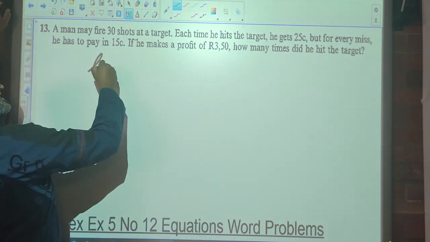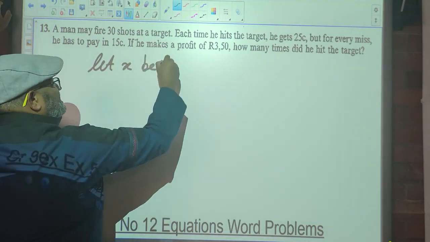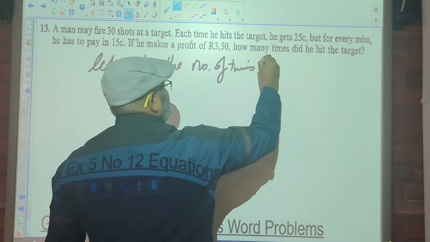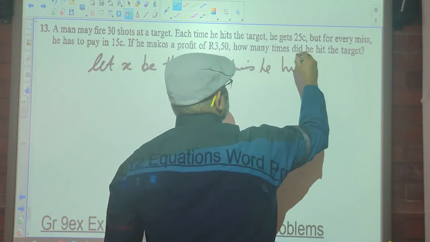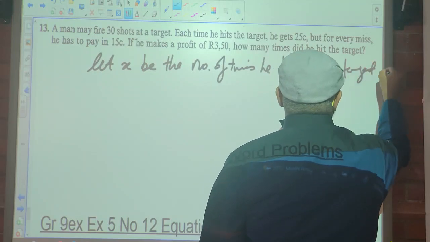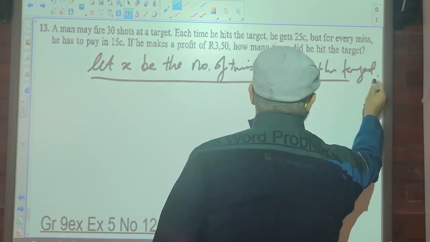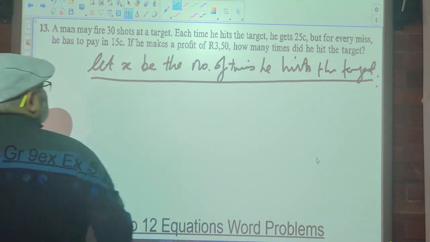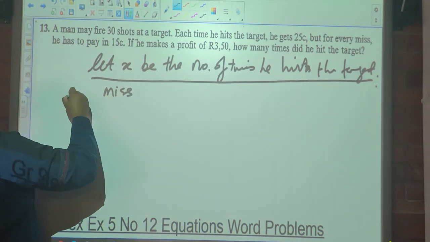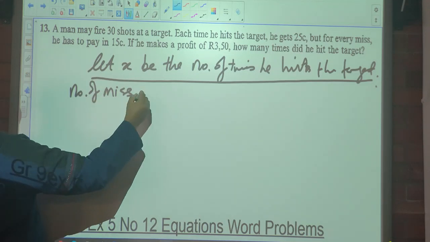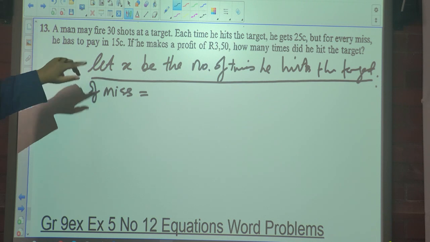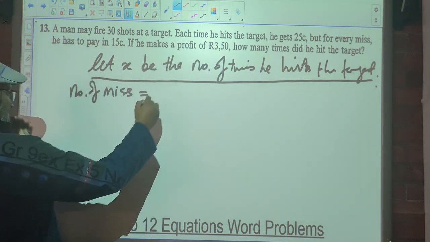We say let x be the number of times he hits the target. So how many times does he miss? The missed opportunities would be 30 minus x.